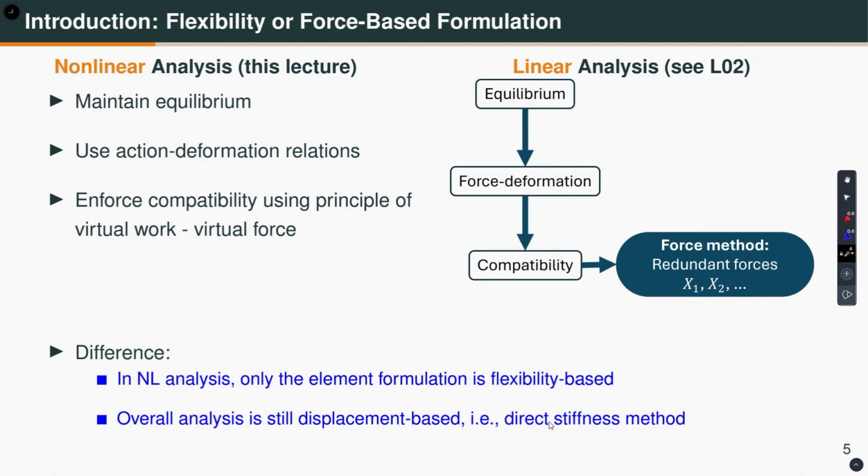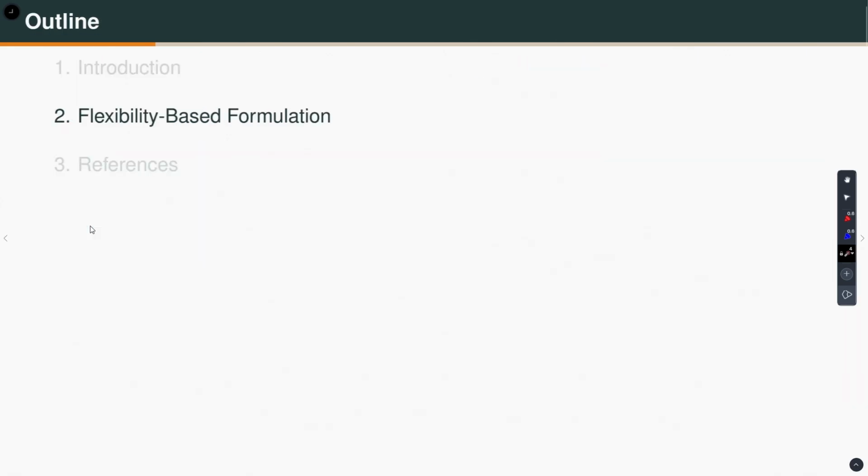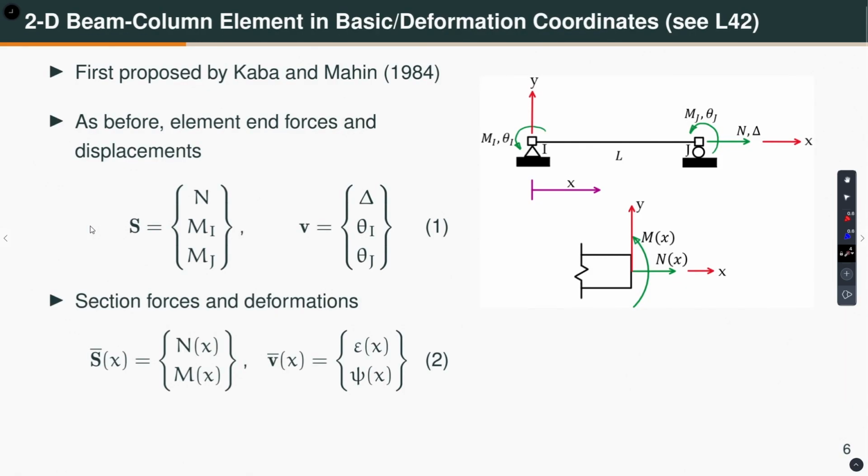Okay. So, we shall see that. So, let us go ahead and use this and develop the element formulation. Okay. So, the flexibility based formulation. As you remember in the previous lecture, for a 2D beam column element in basic or deformation coordinates, which we introduced in lecture number 42, we have done the same thing in direct stiffness method.